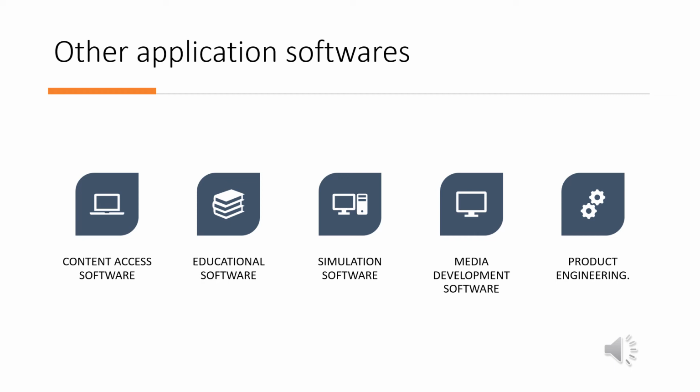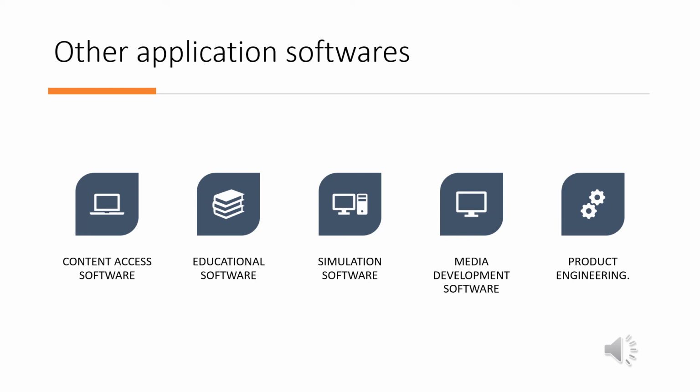Then educational software is related to content access software, but has content or features adapted for use by educators or students. For example, classroom management software, a Google Classroom kind of setup, is also part of educational software.